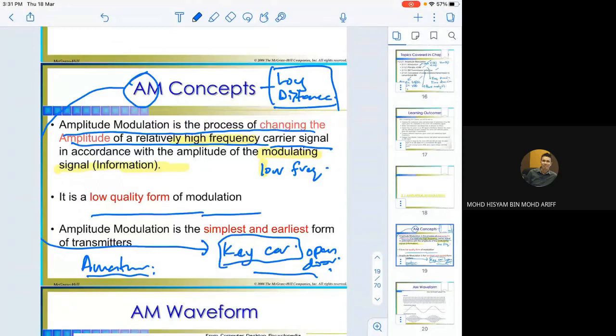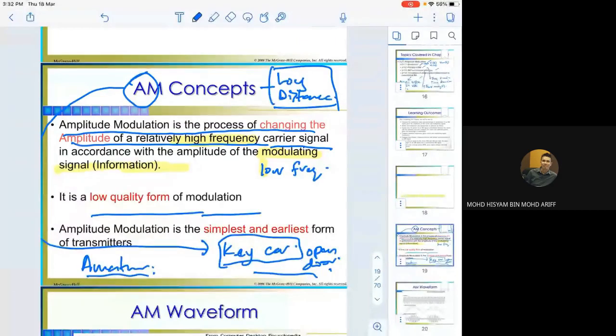Long time ago, to open the car you must be nearby. Right now, when you apply AM, most of them use AM, you can go for long distance. You press, maybe 500 meters, 700 meters.